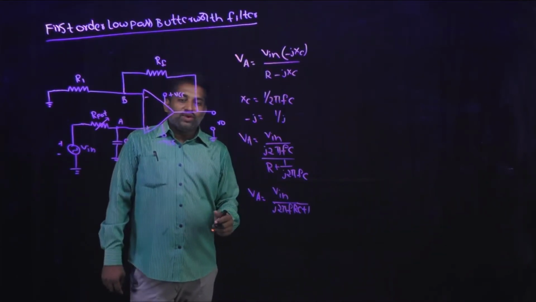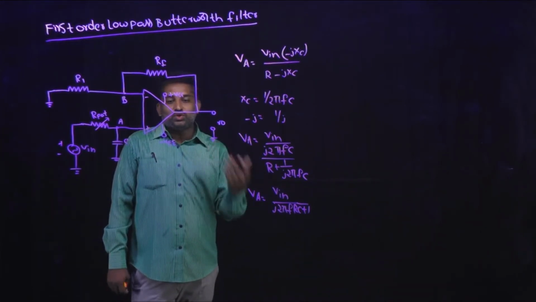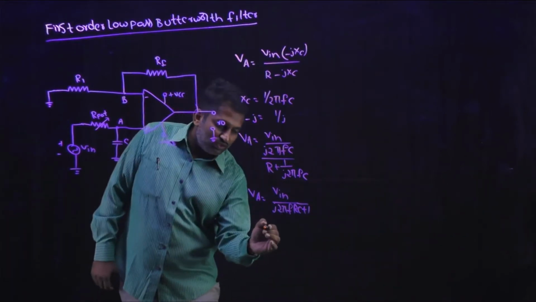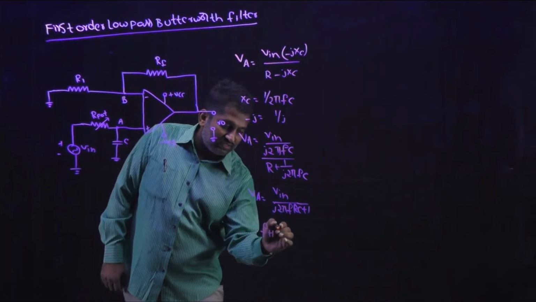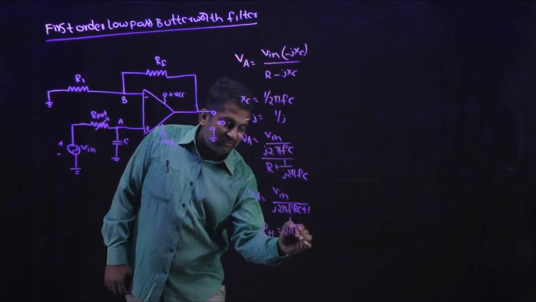For the low pass filters, we are going to assume the higher cutoff frequency. So I am assuming the higher cutoff frequency FH will be equal to 1 by 2 pi RC.